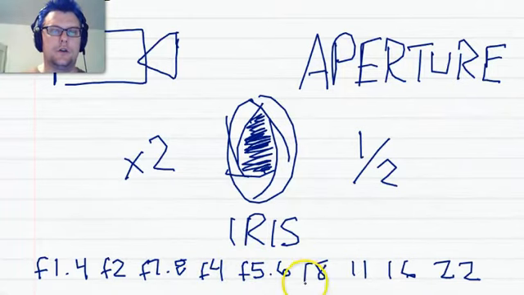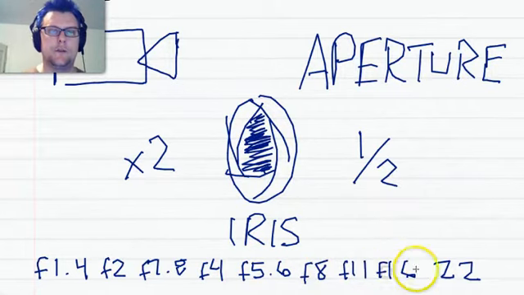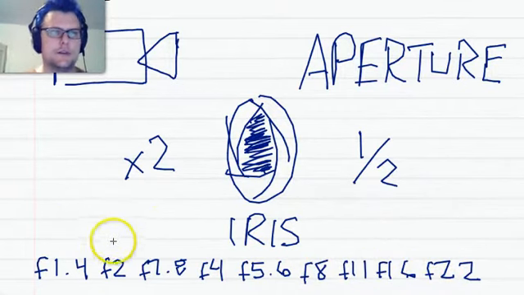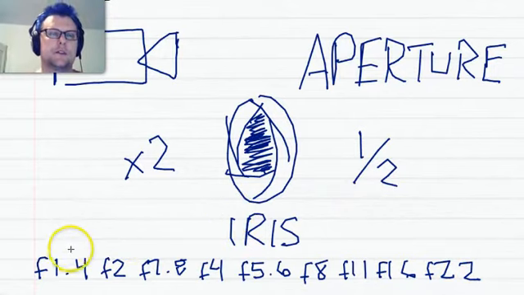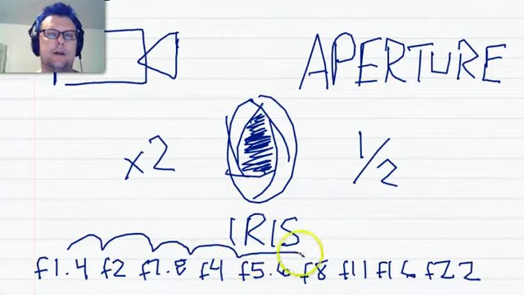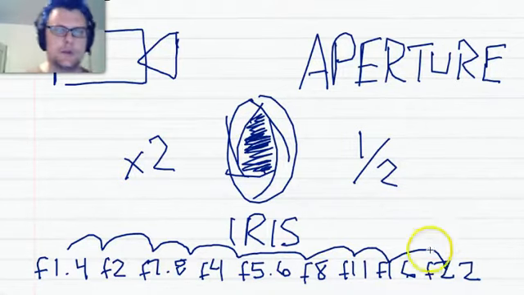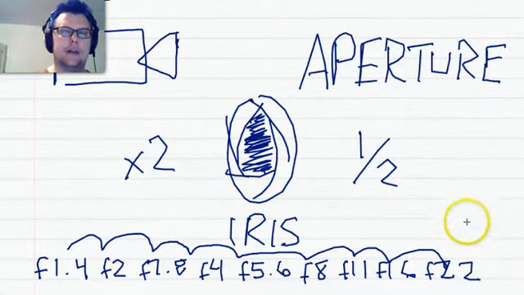So those are called f-stops, and that is a series of numbers that tell you which setting has twice as much as the previous. So every one of these is a halving of the amount of light that comes in. And what's confusing about this is that the larger numbers actually let less light in.